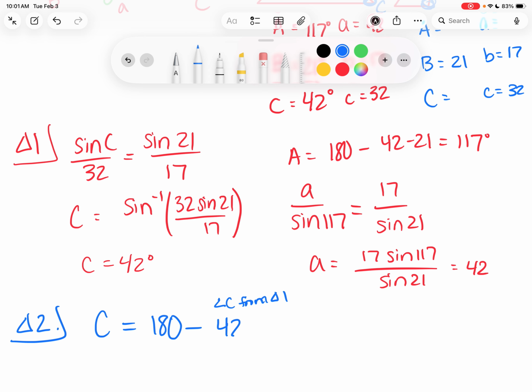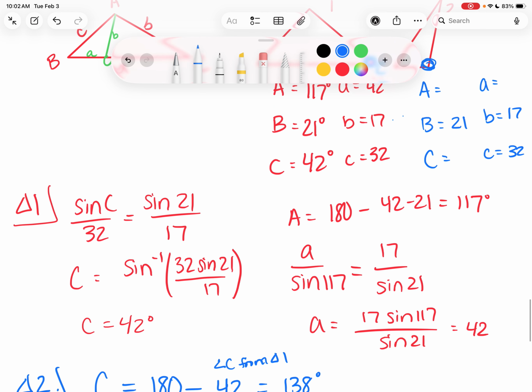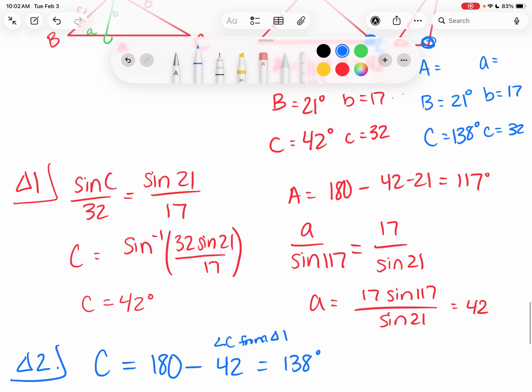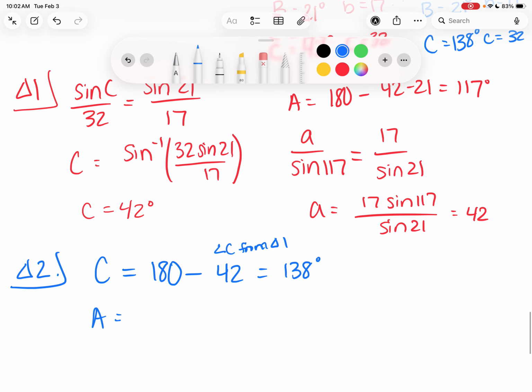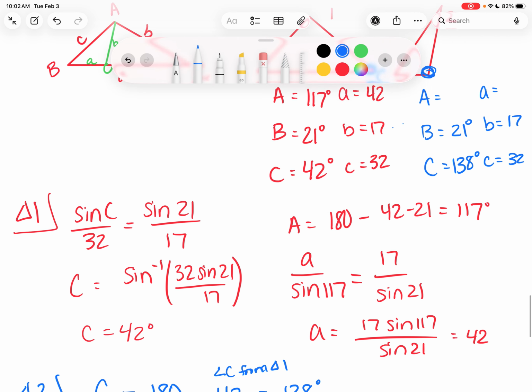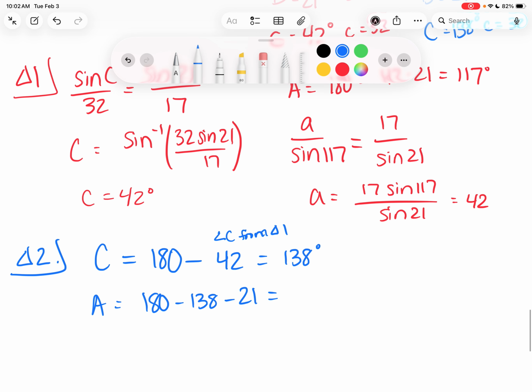So it was 42, and we're going to subtract that off. So 138 is our angle C here. Forgot to put the degree symbol there. Now I can find angle A by doing 180 minus 138 minus angle B, which was 21. And what do I get when I do that?